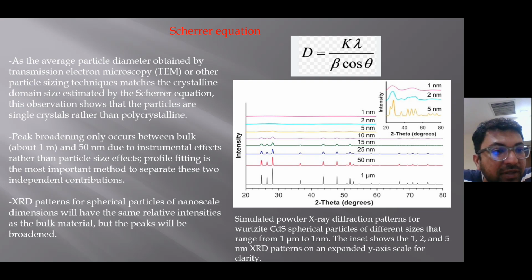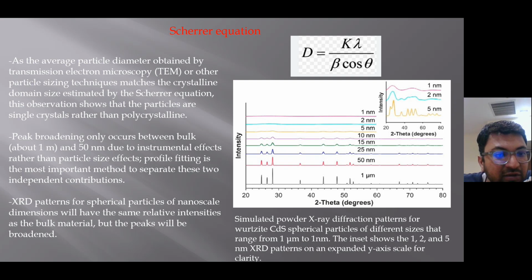Peak broadening only occurs between bulk, 1 micrometer, and 50 nanometer due to instrumental effects rather than particle size effect. But when we distinguish these two effects, we have to use profile fitting. So profile fitting is the most important method to separate these two independent contributions.